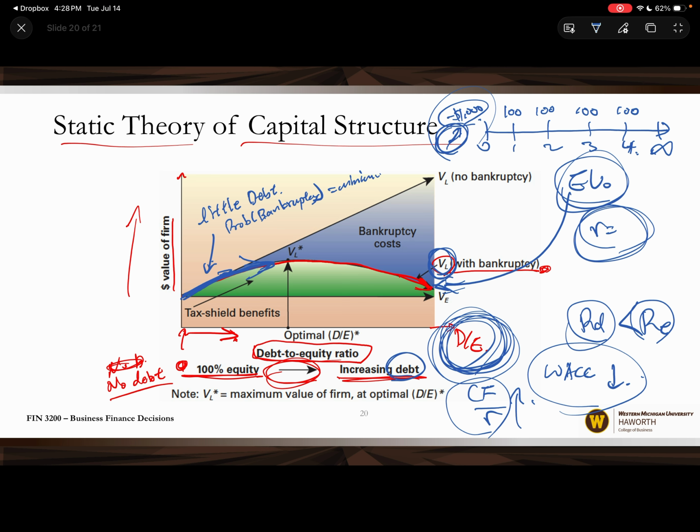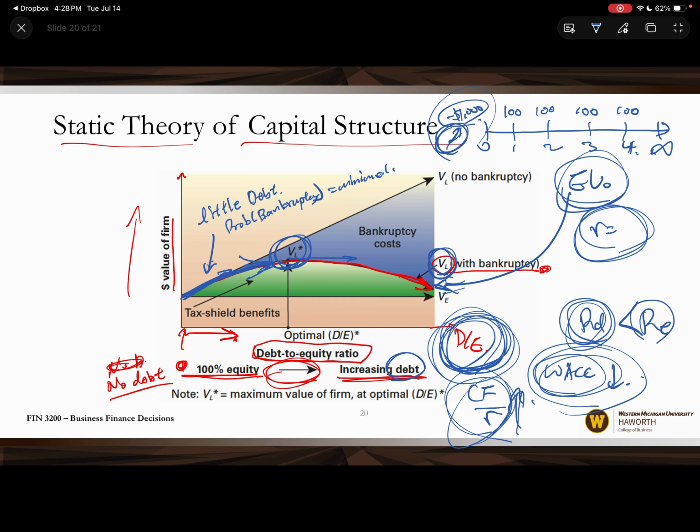But what the graph is showing is that after a certain point, the bankruptcy probability starts outweighing the benefits of lower WACC.